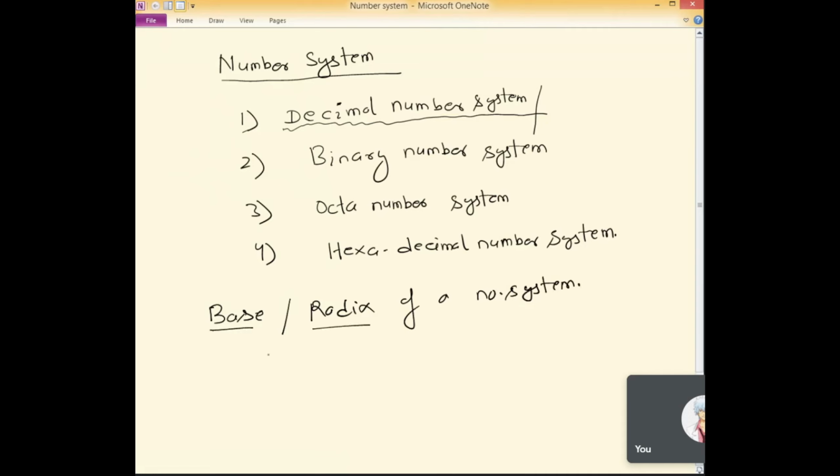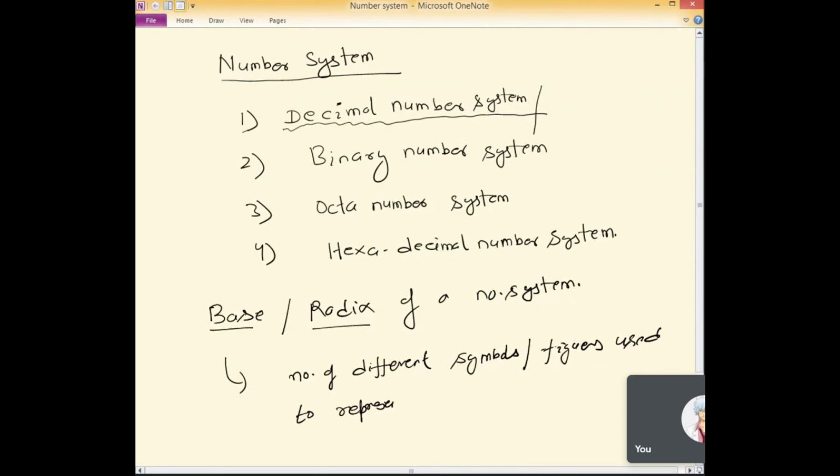The base or radix represents the number of different symbols or figures used to represent any quantity in a number system.